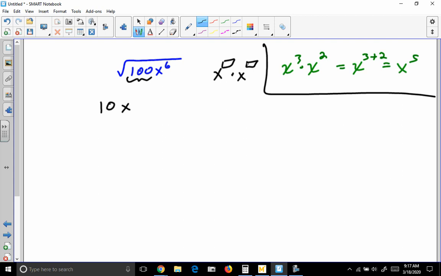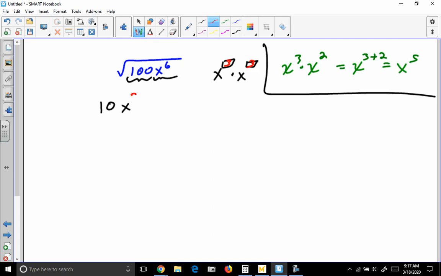So these have to be the same because we're taking a square root and we're looking for something times itself. When we add these exponents together, they need to add to make 6. So what number plus itself makes 6? Well, that would be 3.